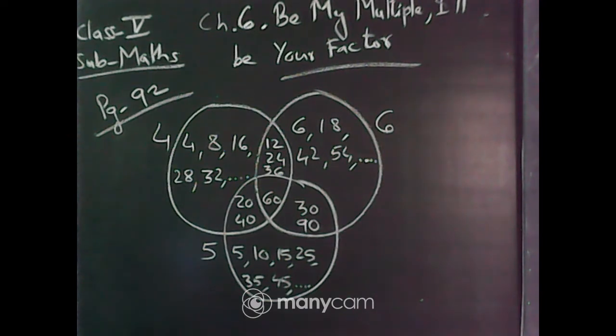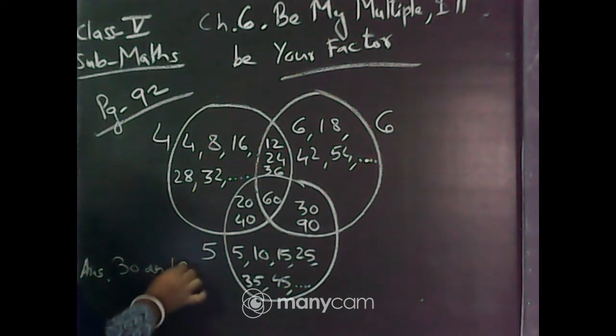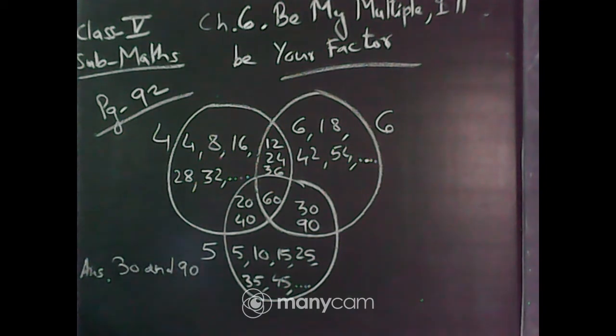The common multiples of 5 and 6, these 2, isn't it? So the answer you will write: 30 and 90. So the common multiples of 5 and 6 are 30 and 90.